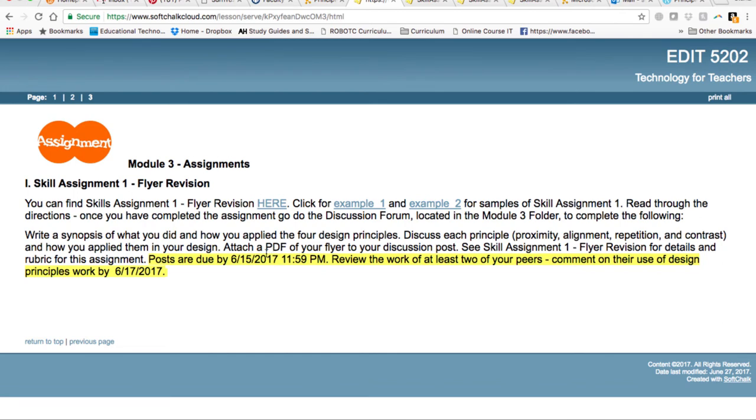Also, let me get back. The discussion. This is discussion 2, and basically you're writing a synopsis of how you applied the 4 design principles to the flyer revision that you did. So I apologize that it doesn't say discussion 2 to clarify, but that's what it is. So basically you're going to go to the discussion board. You're going to attach a copy of your flyer in PDF because that way we don't have to worry about it shifting.